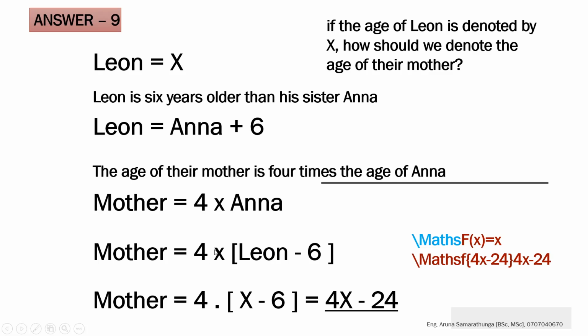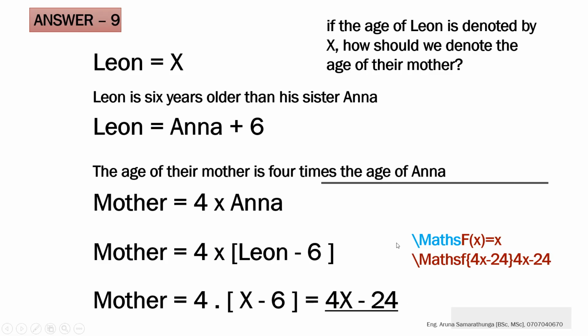And now I can put this without needing to put this cross one. I taught you that in question number 1. So this thing we can also do like that: 4x minus 4 multiplied by 6, which means 24.